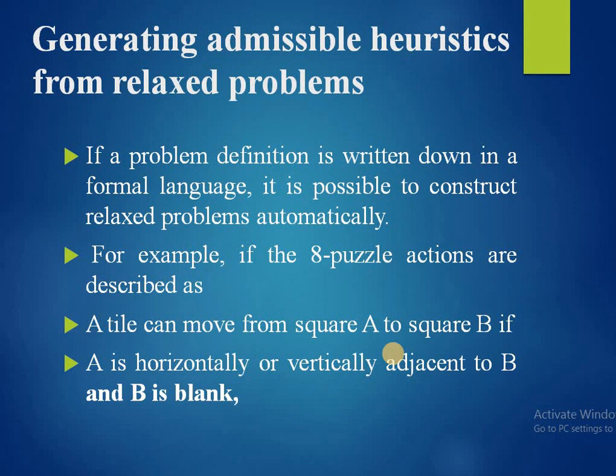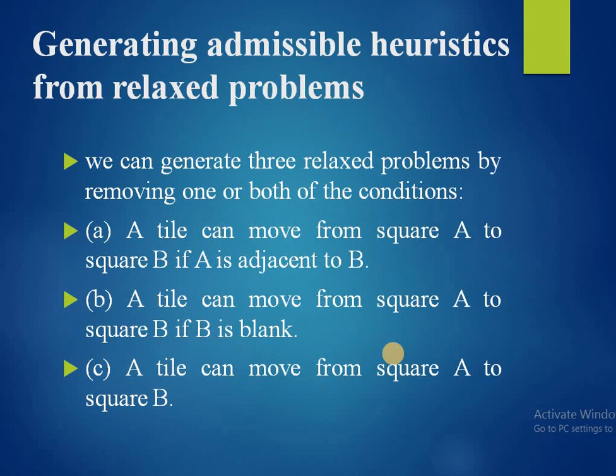If a problem definition is written down in a formal language, it is possible to construct relaxed problems automatically. For example, if the 8 puzzle actions are described as: a tile can move from square A to square B if A is horizontally or vertically adjacent to B and B is blank, we can generate 3 relaxed problems by removing one or both of the conditions.